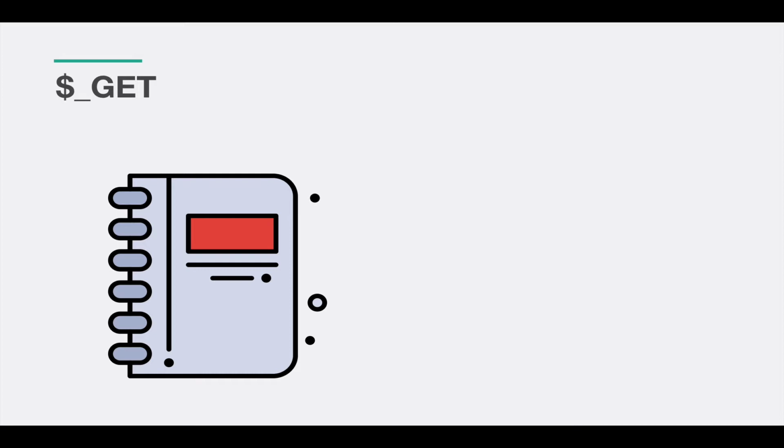The first predefined variable we're going to talk about is the get variable. This is an associative array of variables passed through the query string. The query string refers to the URL variables. If you've ever looked inside of a URL and seen that little question mark and then a bunch of stuff afterwards, that's what we mean by the query string or URL variables.